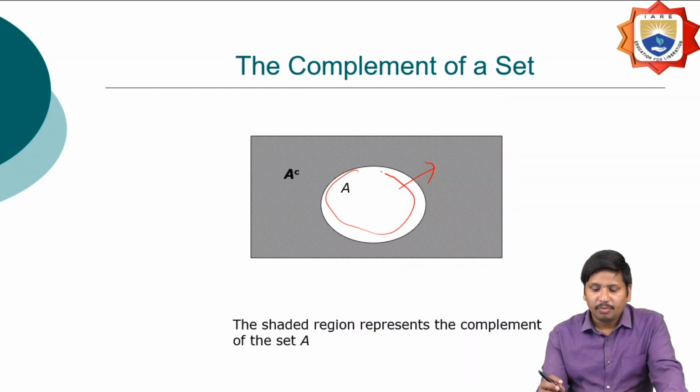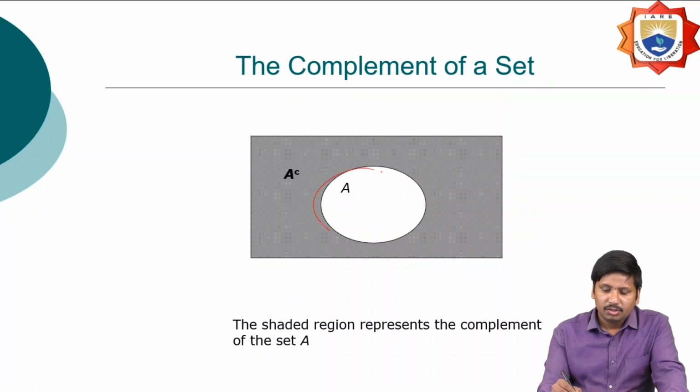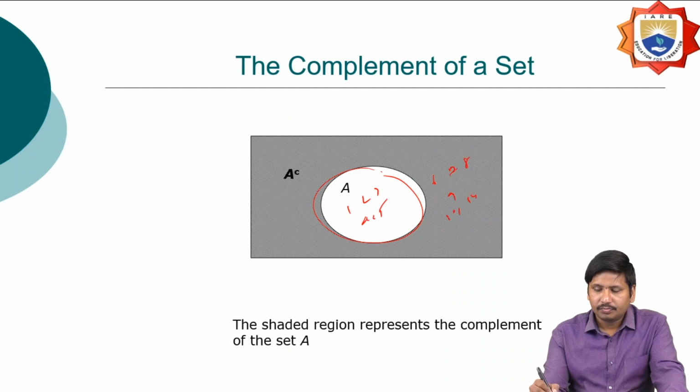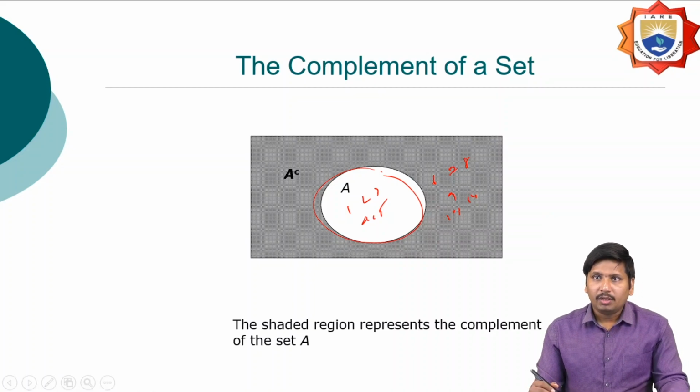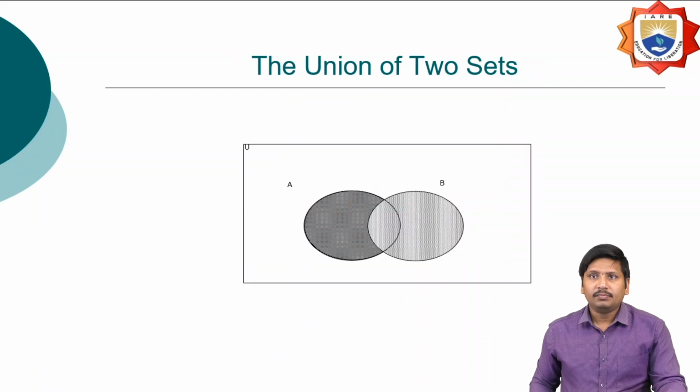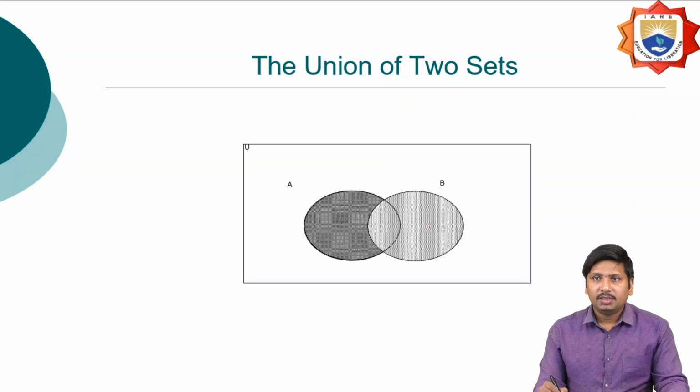So how can we show it in the form of a diagram? Like this. These are the elements which are not present in A, that is A complement. This is how we represent the Venn diagram for A complement.